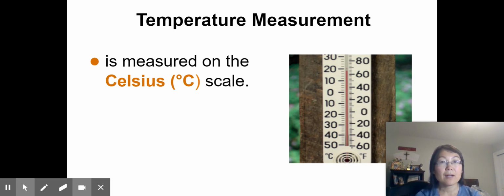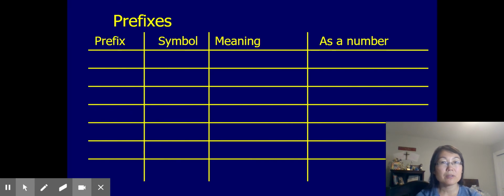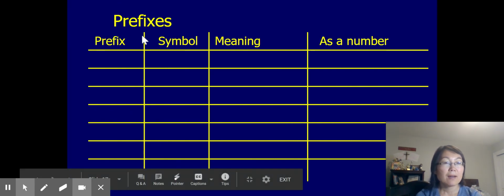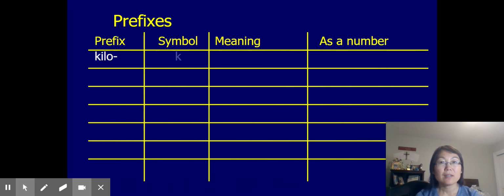There are other units, we call those prefixes. I'm going to show you, there is kilo, which people represent with a K. It means 1,000. So you've heard people say kilometers, kilograms.